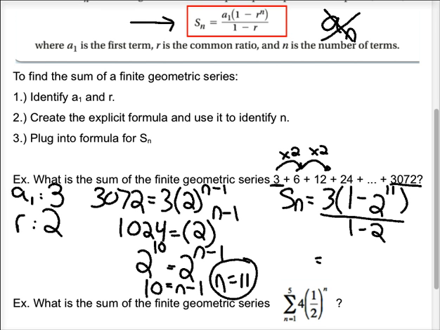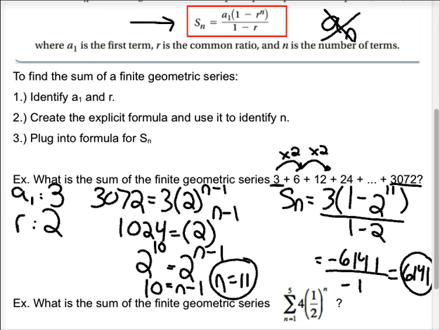So 3 times 1 minus 2 to the 11. Again, we have to type that in really, really carefully. You should check your calculator with mine to make sure you are getting it. You'll get negative 6,141. On the bottom, 1 minus 2 is a negative 1. So in the end, that means you're getting a positive 6,141.